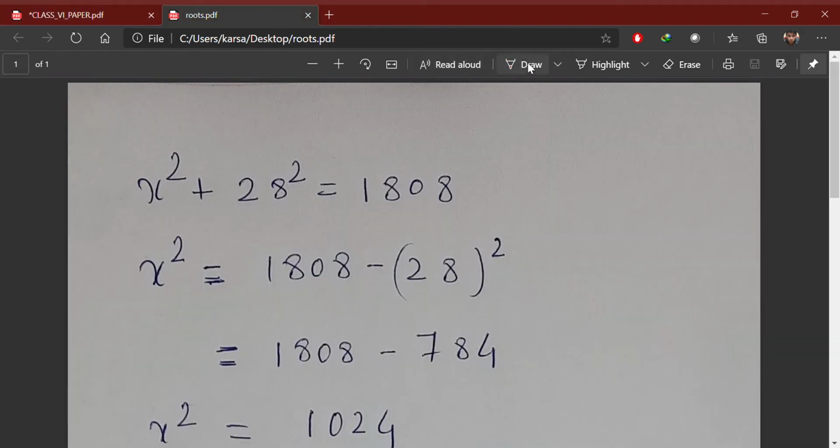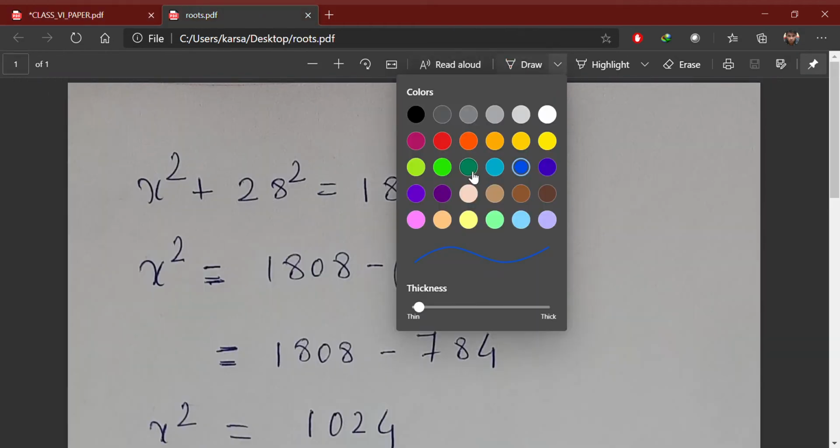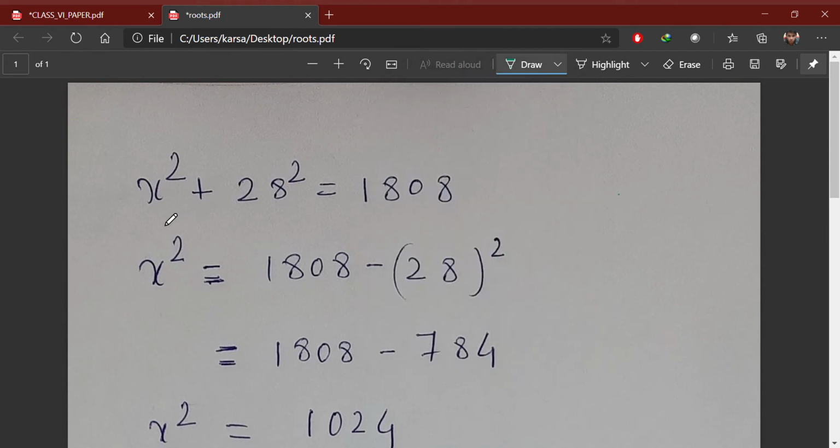Suppose we don't know the number, so we denote it by x. Like x is the number, and x square, the square of this number, is added to 28 square, which is going to result in 1808.